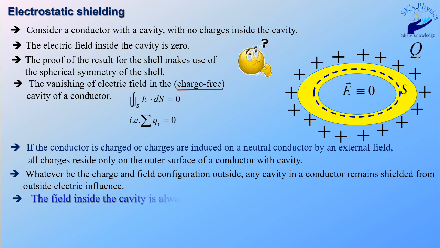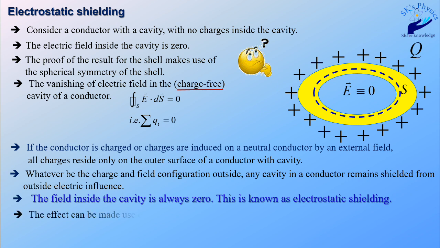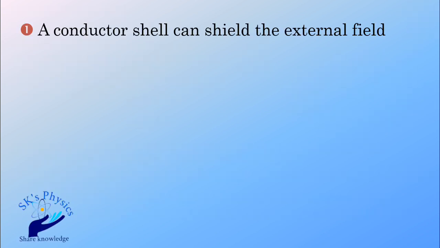That means the field inside the cavity is always 0. This is known as electrostatic shielding. The effect can be made use of in protecting sensitive instruments from outside electrical influence. A conductor shell can shield the external field like this.